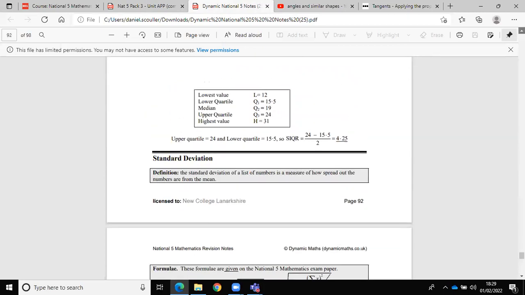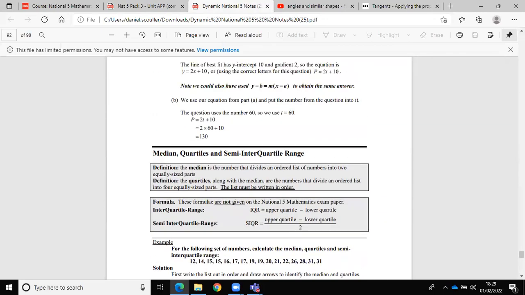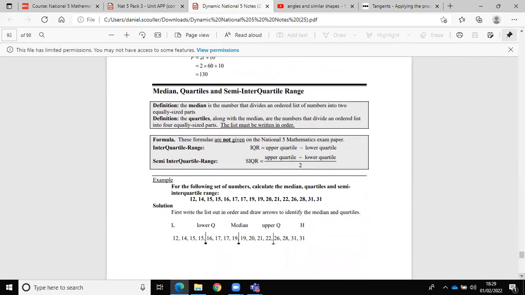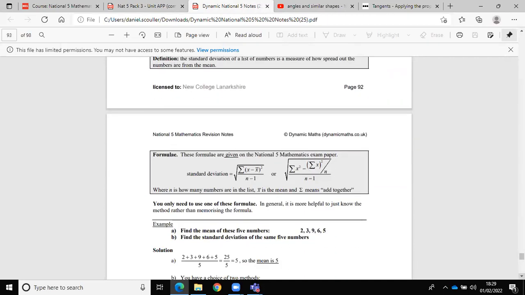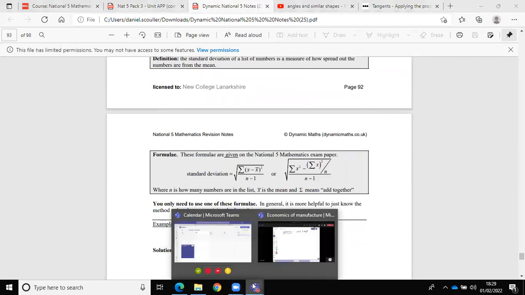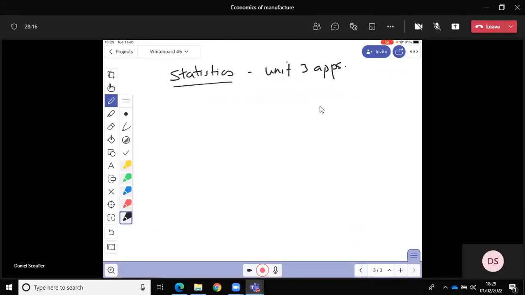So we're quite far on now. Right, let's have a wee look at it. If you have both of those open, I'll refer to them at some point.